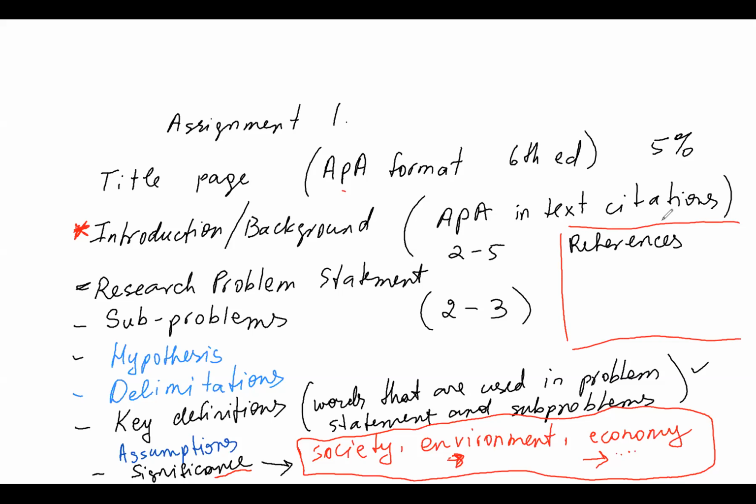Reference is the material that you use directly to write this document. Let's say you wrote some in-text citations here, you wrote some definitions here, citations were used. That means only the documents that you used for your in-text citations should be here. Don't write some references just to make it beautiful.